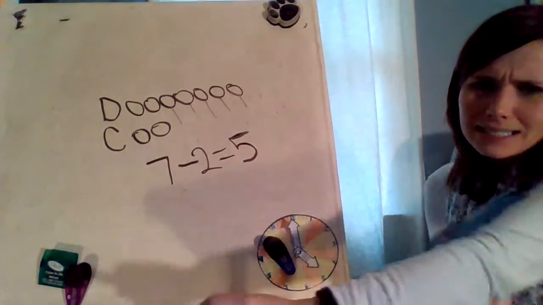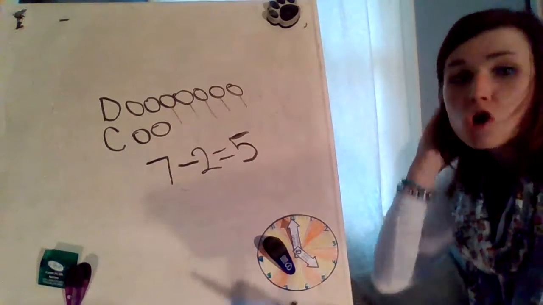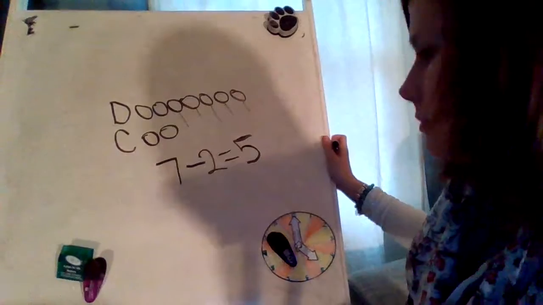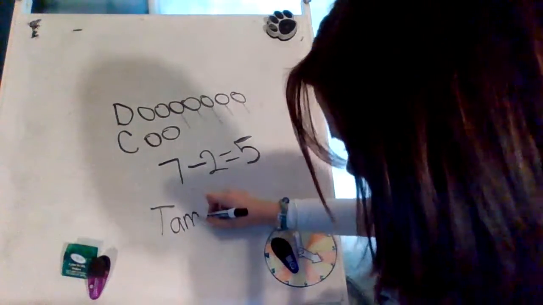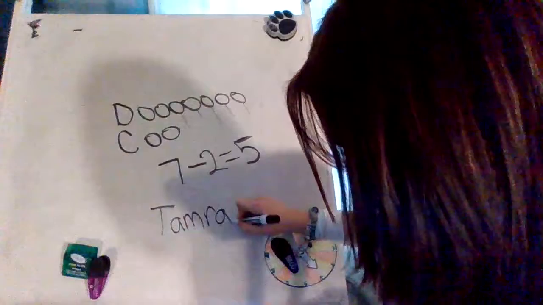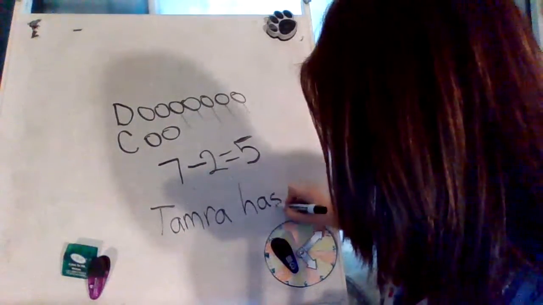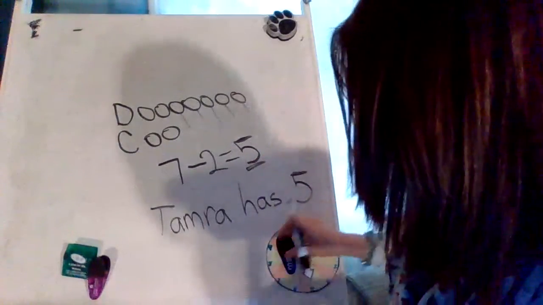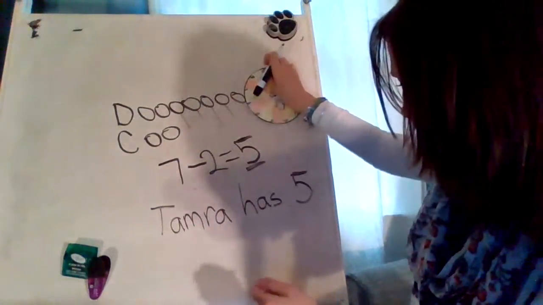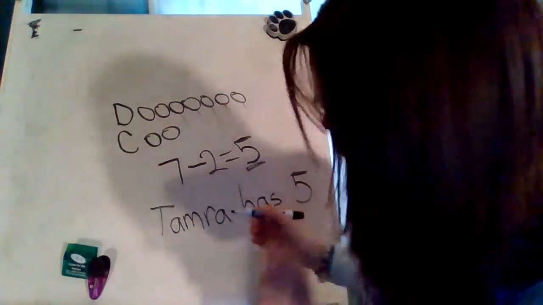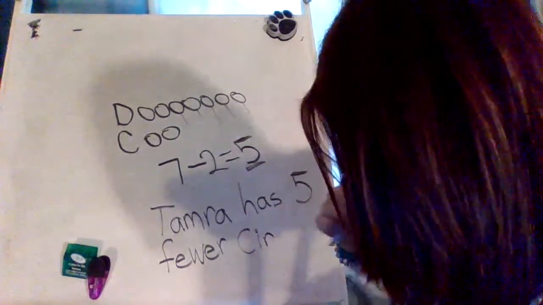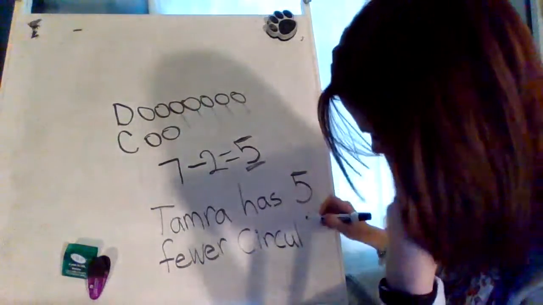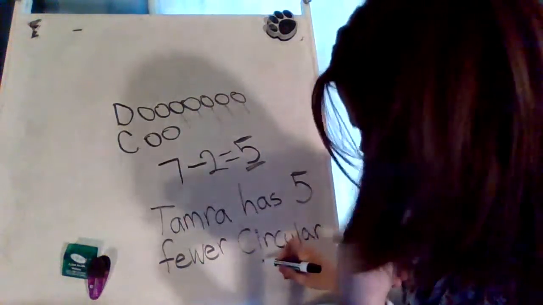All right, so what would our statement be? Right, you could say Tamara has 5 fewer circular clocks.